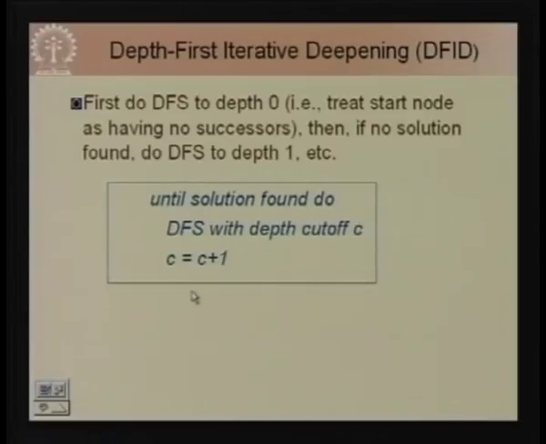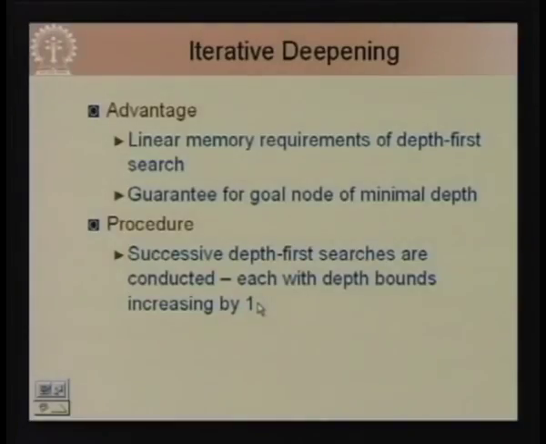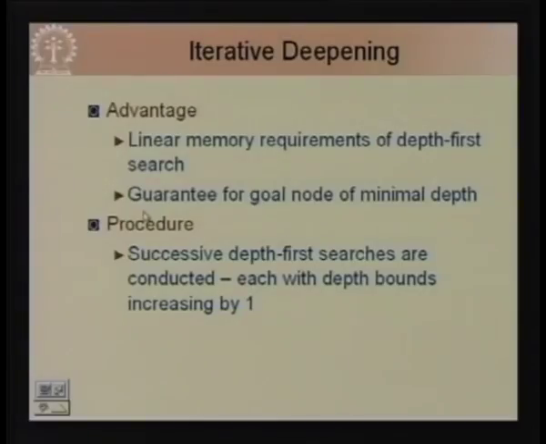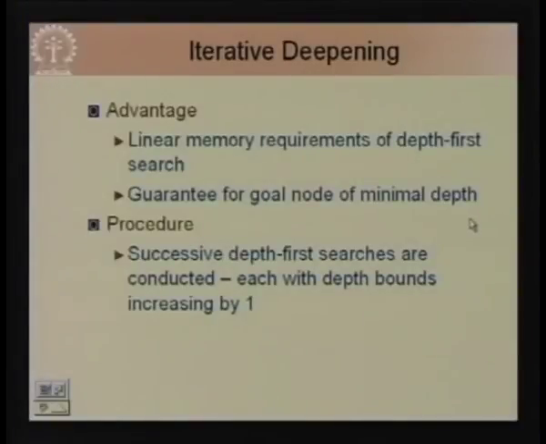So, depth first iterative deepening is a complete search strategy where initially we set the limit to 1, then to 2, then to 3, then to 4 and so on. The advantage of iterative deepening search is that it has linear memory requirement, because at every step we do a depth first search, and we start with limit equal to 1, then limit equal to 2, then limit equal to 3, and therefore it is guaranteed that when the algorithm finds a goal node, it is a node of minimum depth.